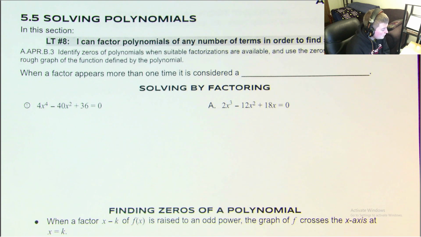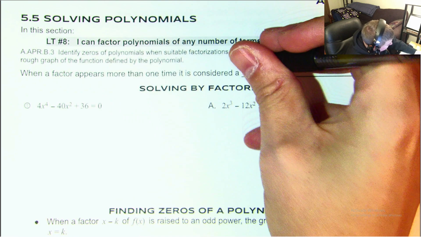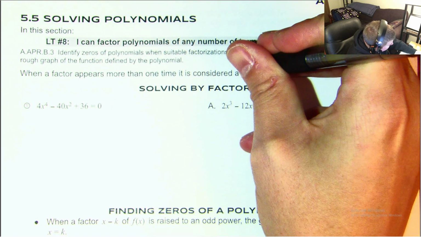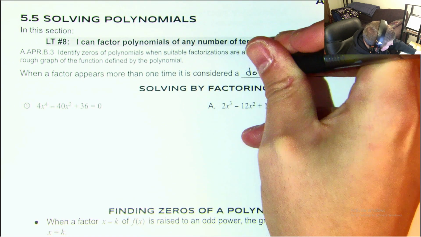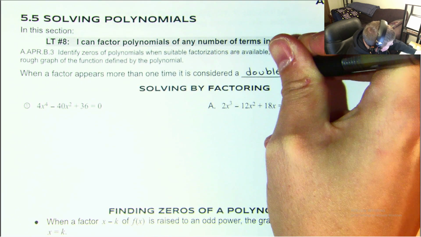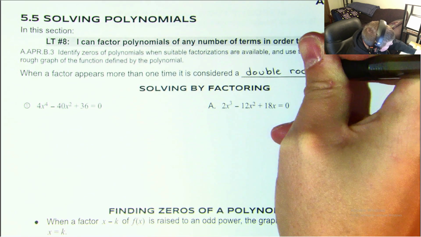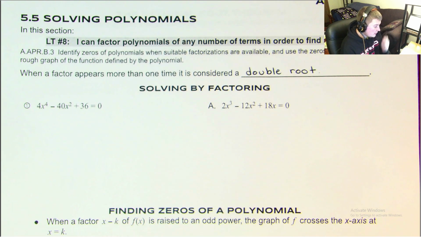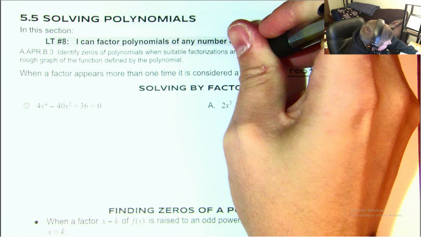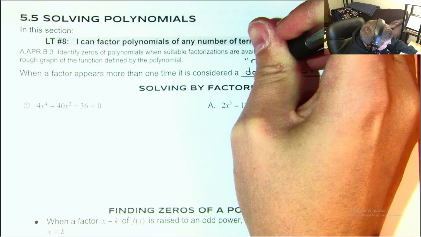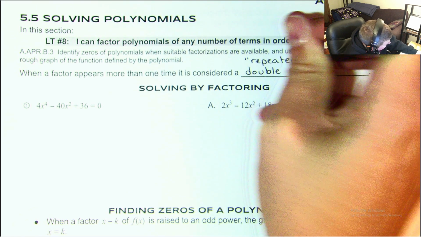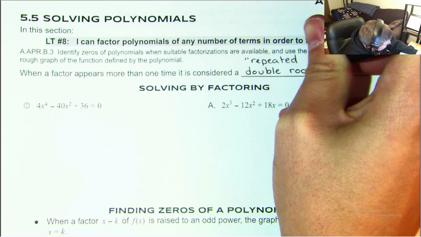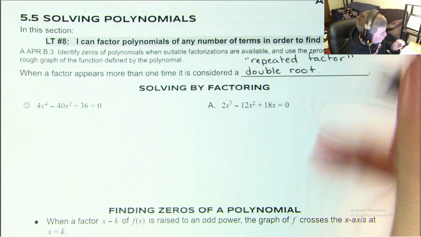Okay, when a factor appears more than one time, it is considered a double root. Okay, or a repeated factor. All of these are going to work for us.